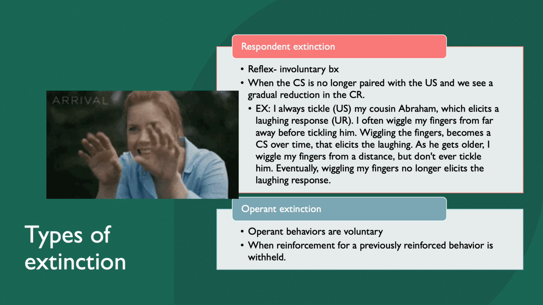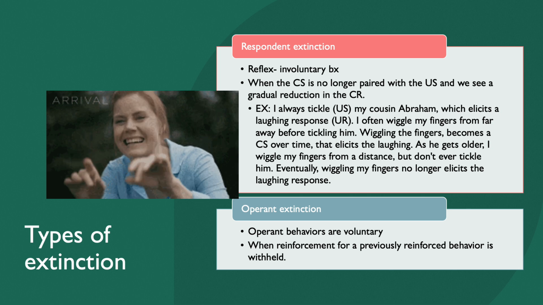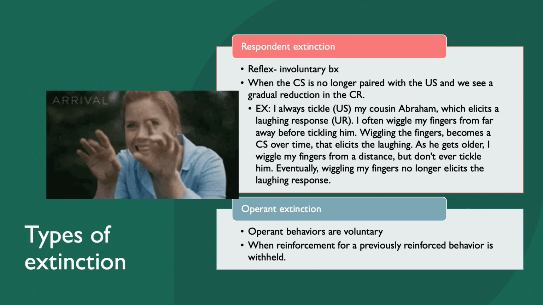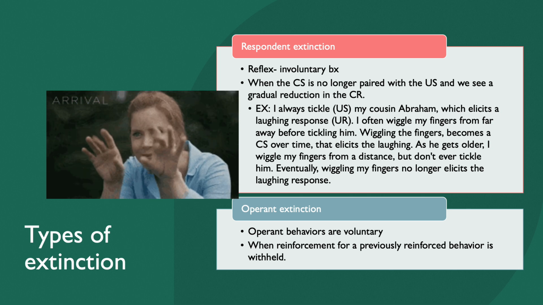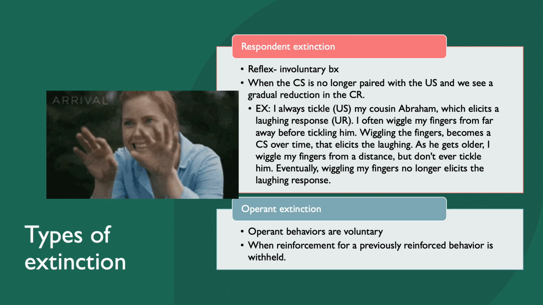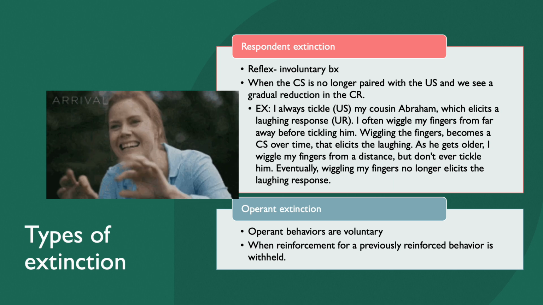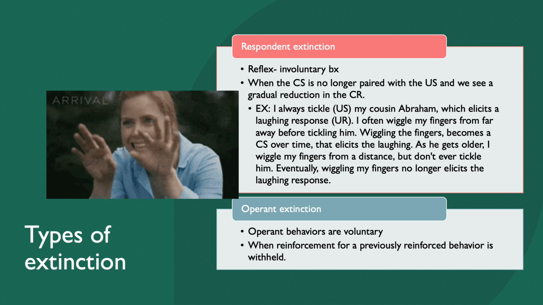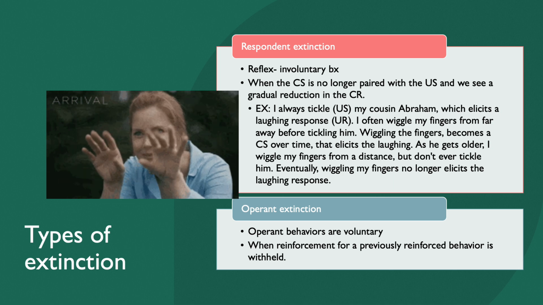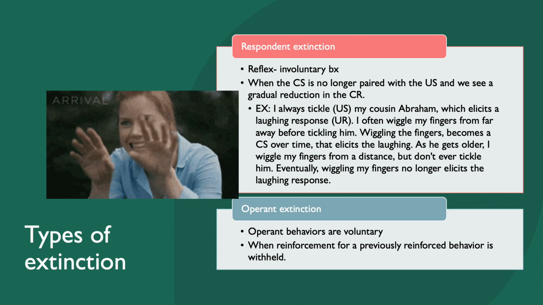Throughout the presentation, you're only going to hear me use the term extinction. Anytime you hear the term extinction in behavior analysis, if it's not specifying whether it's respondent extinction or operant extinction, you can assume that we're referring to operant extinction. It's extinction of some voluntary behavior that we engage in, and we're manipulating the consequence delivered contingent on that behavior. So that's something that I want to clarify, and that you should also work to remember.